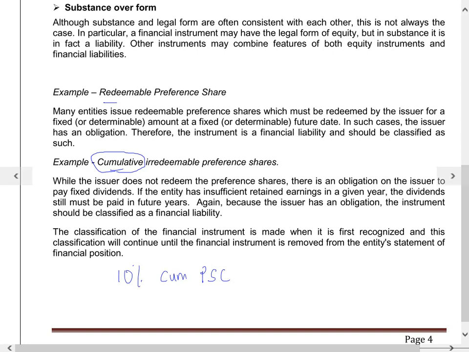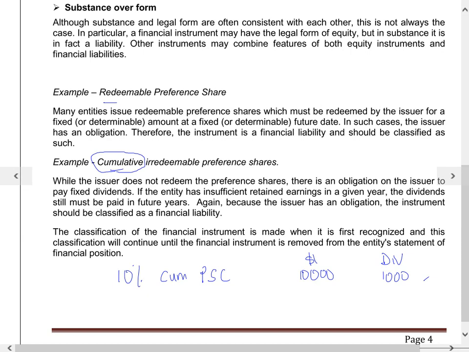Meaning we know that our dividend, we have to pay every year, 1,000. But what if during the year, I do not have money to pay the 1,000? What happens if I do not have money to pay the 1,000?